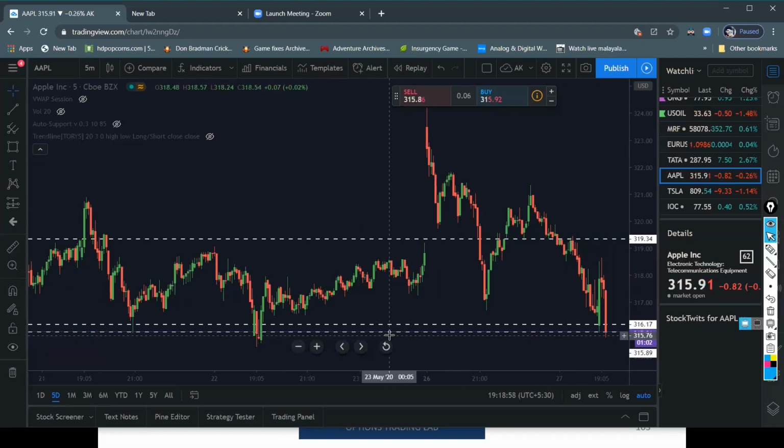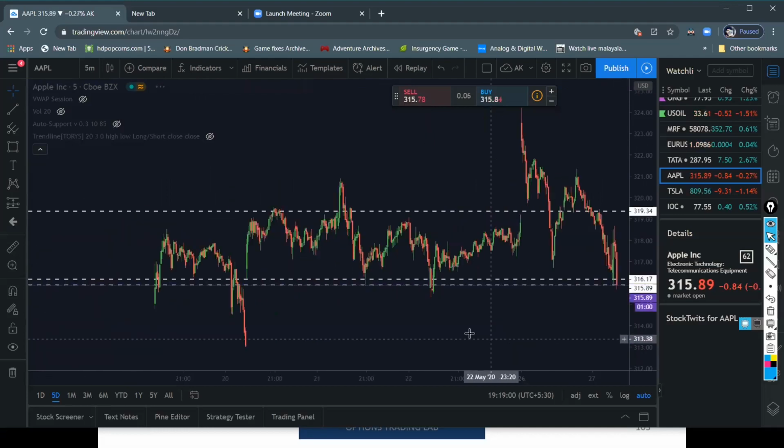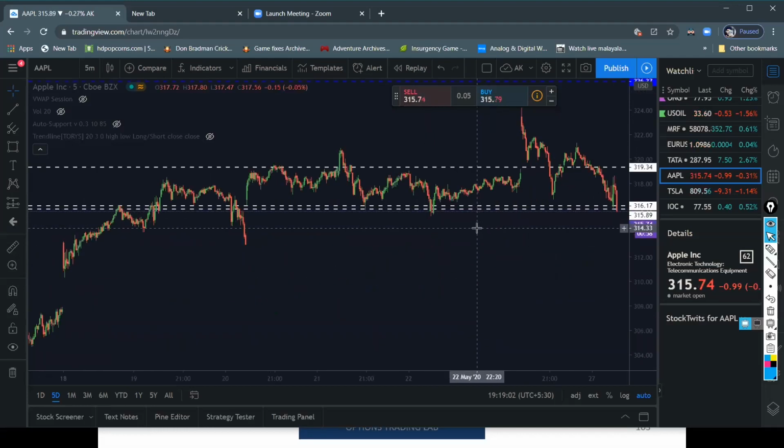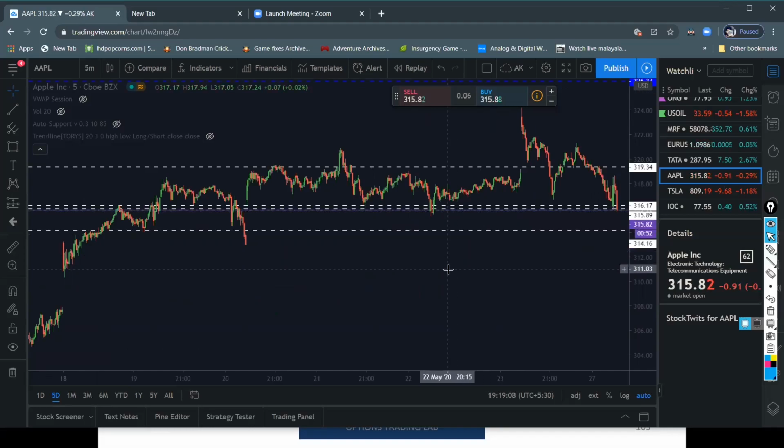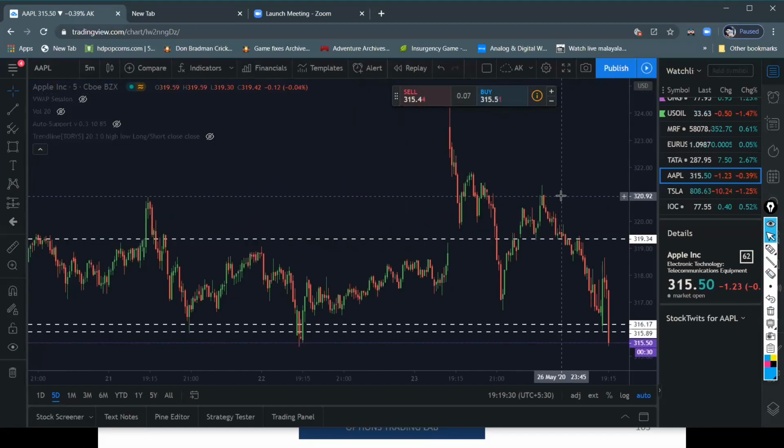If it fails, then it will try to reach around these levels, or below this level.